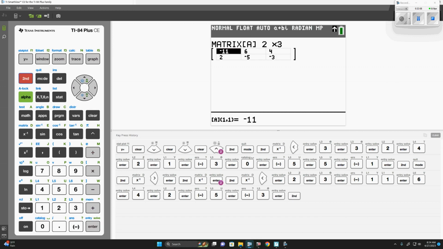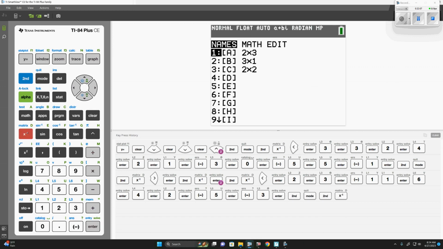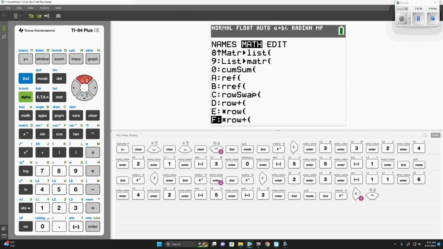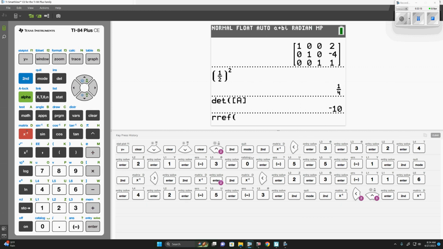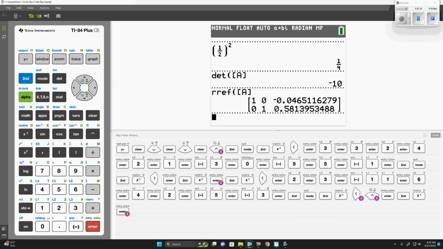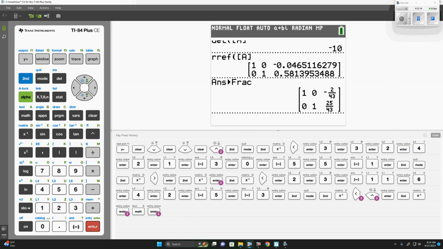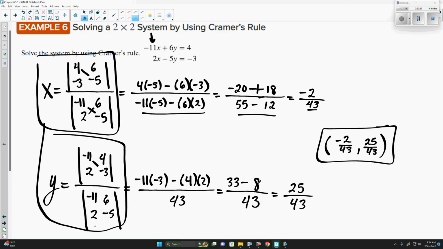Doing this here, second quit, second matrix, our reduced row echelon form, second matrix A, and we get this here. Math, enter, enter, and it tells us the answer. Because it is a lot easier, a lot faster, but it's very interesting that this does work the way it does.